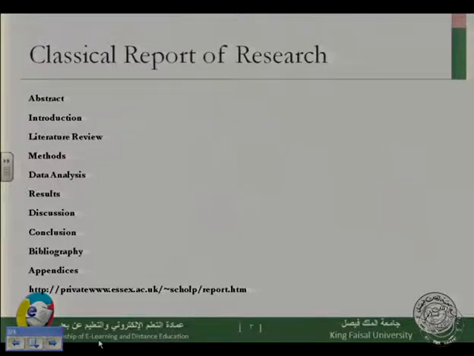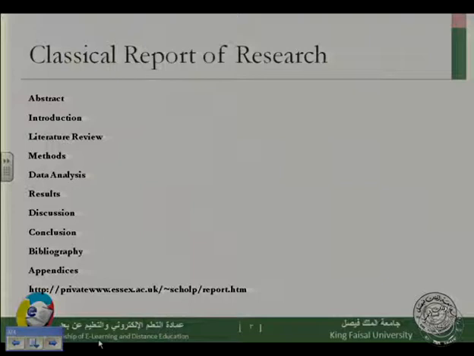So if we are talking about articles, these are going to be sections inside the article. But if we are talking about dissertations and theses, these are going to be chapters inside the dissertation.